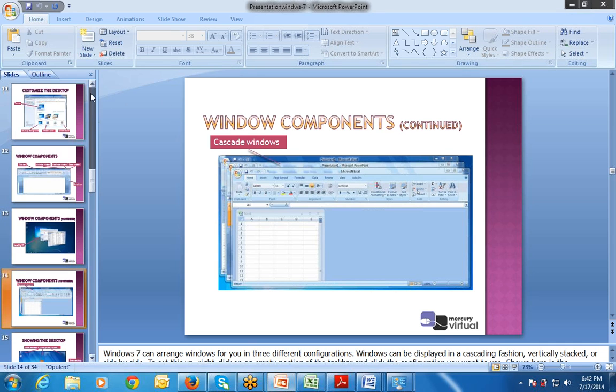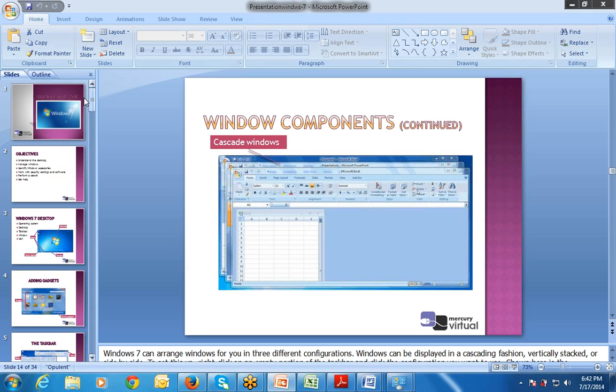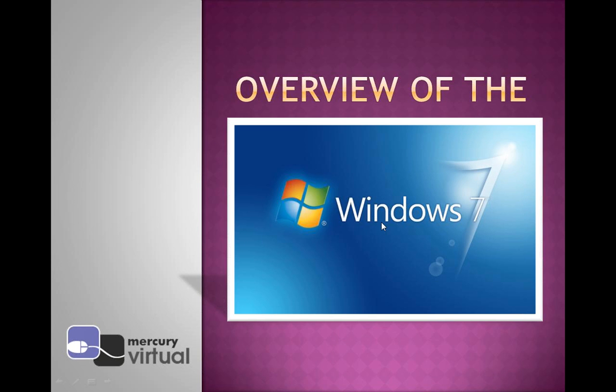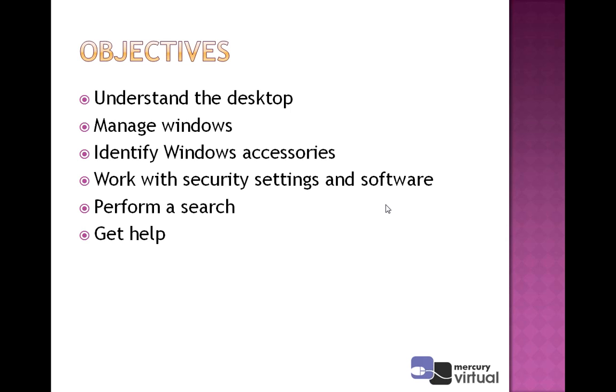Alright, just recalling the whole presentation so that you are clear about the doubts, right? First of all, the first slide is the objective. What is the main objective? These are the main objectives. Why I am using Windows 7. First of all, understanding the desktop. Then manage the windows, means how to cascade the windows.